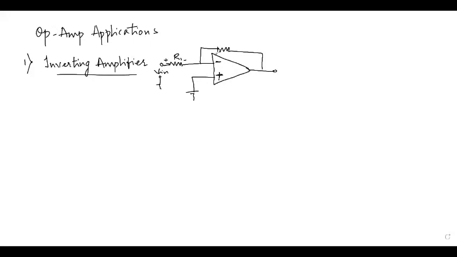Hello everyone. Today we shall discuss op-amp applications, in which we will discuss the inverting amplifier. The circuit diagram here shows that the input is applied to this negative symbol terminal, which we say is an inverting terminal, and this is a non-inverting input terminal.